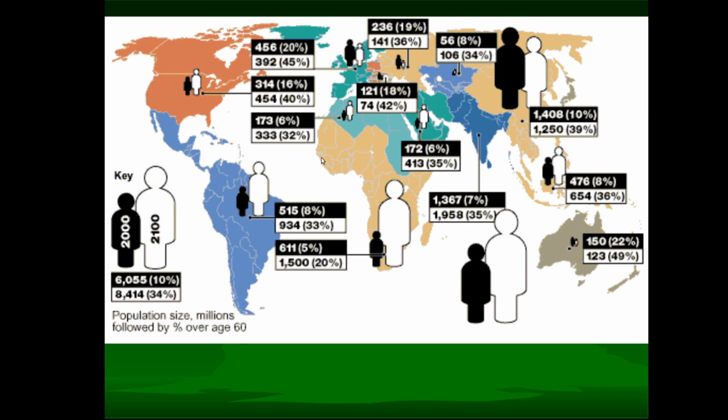And here we have different regions, population growth, and percent of the population above 60. So South America in the year 2000, population size relative was 515, and then in 2100, 100 years later, will be 934, and 33% of the population is over 60. So we have increasing populations here in Africa, South and Central America, slightly in the US.